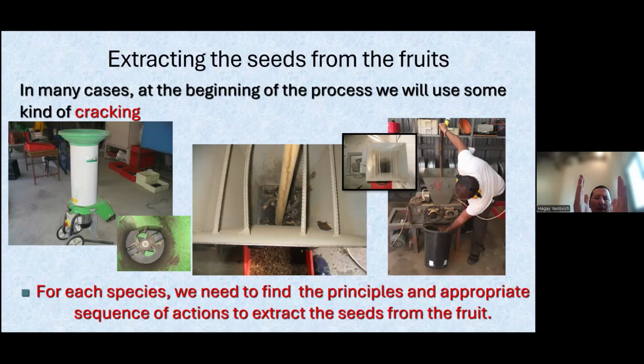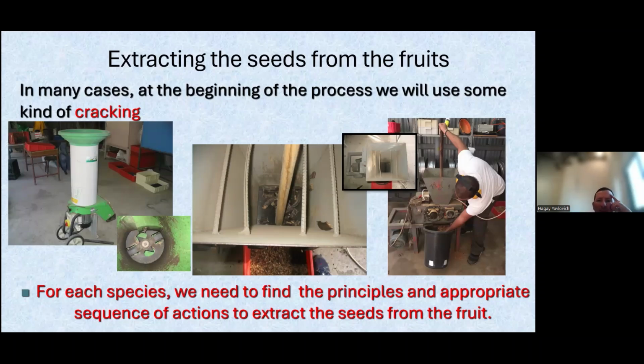What we are doing is adjusting the gap so that it will be bigger than the size of the seed. We take two, three, five seeds and we see that the gap is bigger than the seed. And then we can crack all the fruit, and we can be sure that the seeds will not break in the machine because the gap is bigger than the size of the seed.